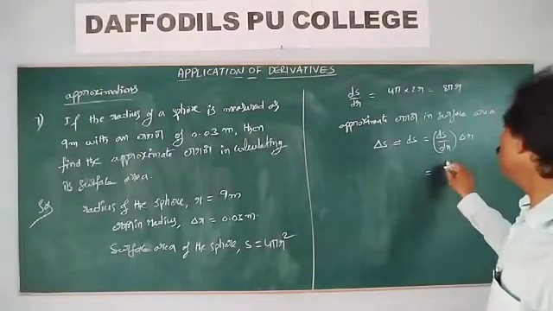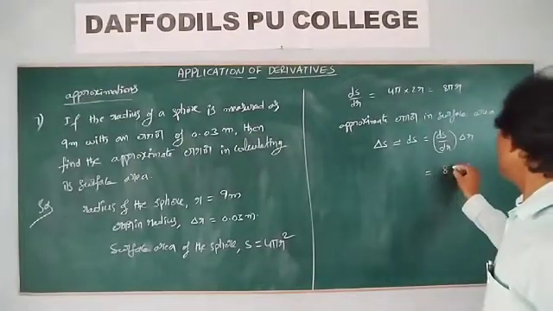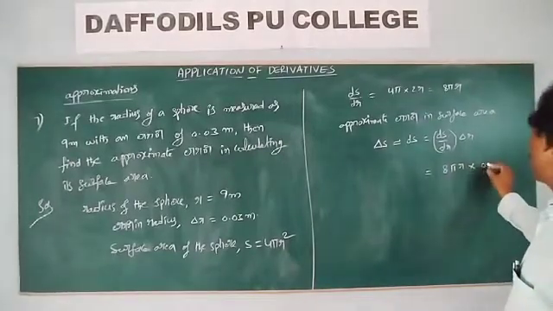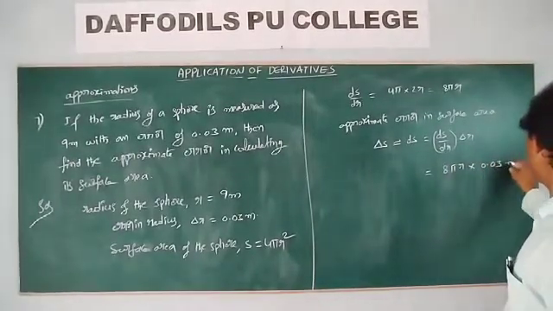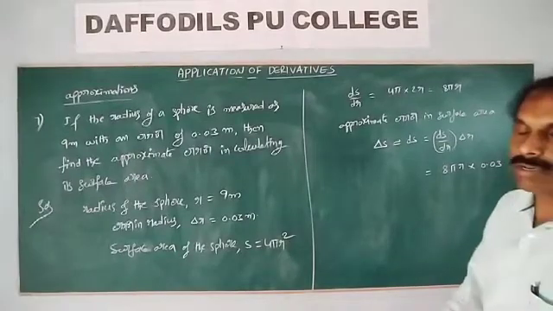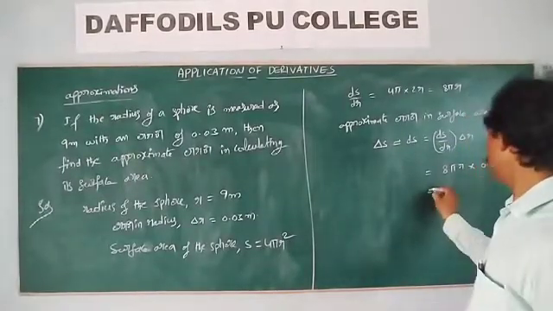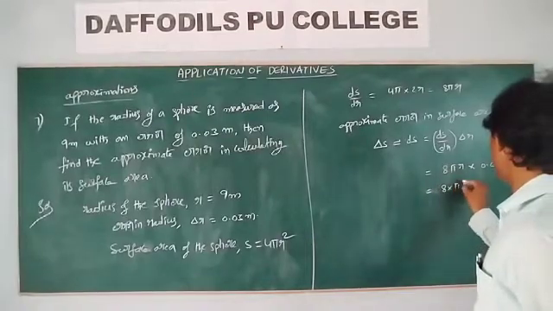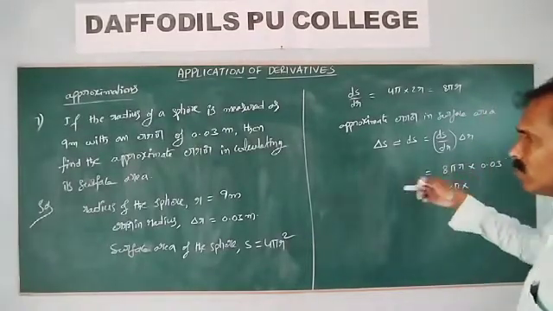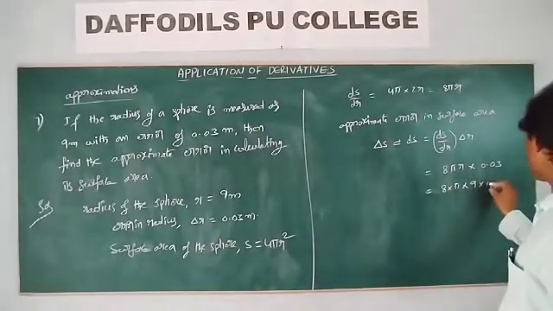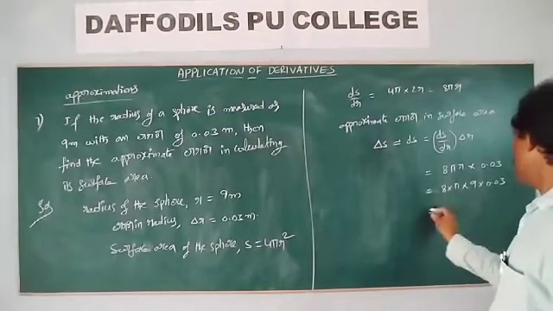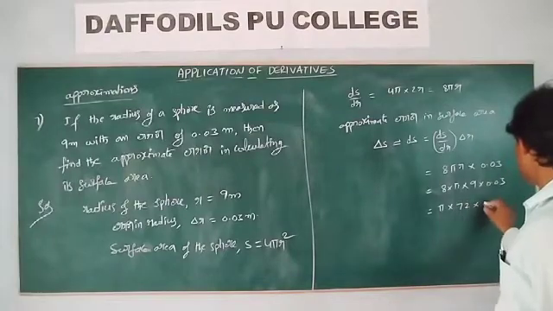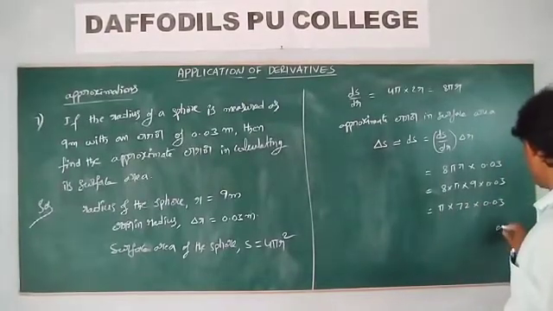This is equal to 8 pi r into delta r, which is 0.03. 8 pi r value: 8 into pi into r value 9, that is pi into 72, into 0.03.